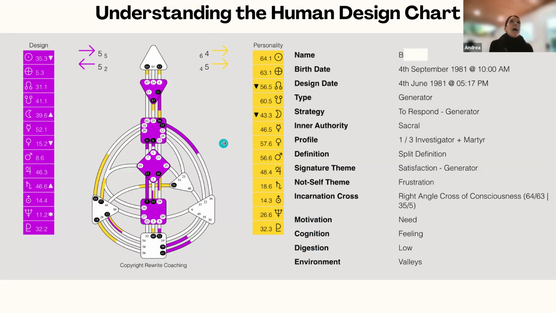For me, I looked up digestion and I do better with liquids and cold foods, whereas some people will do better with hot foods and heavier foods. There's so much that you can look into with human design.